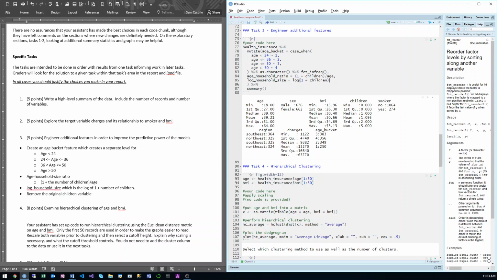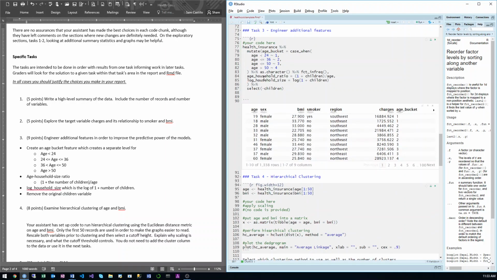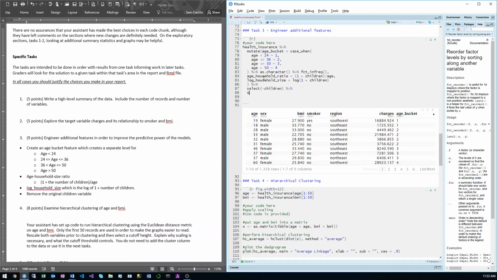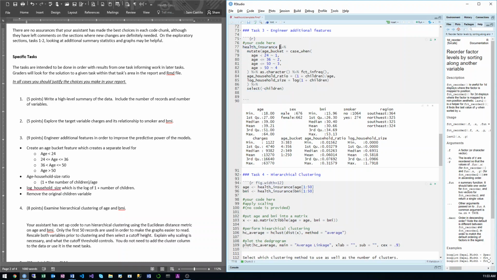And then remove the original variables, the original children variable. And then I want to see a summary just to make sure that these values are all reasonable and that there are no missing values or NAs or NANs. And it looks like these are all okay. So I will go ahead and save this as the health insurance data.